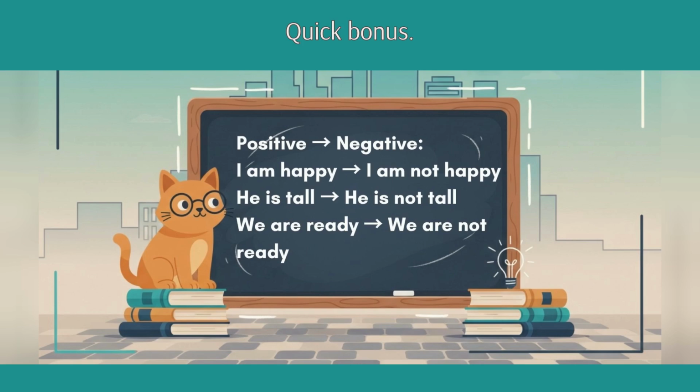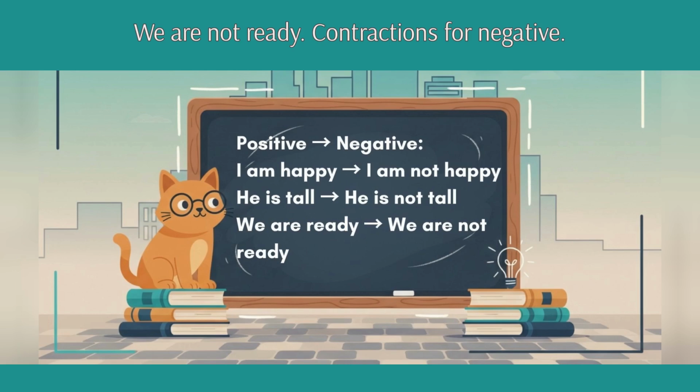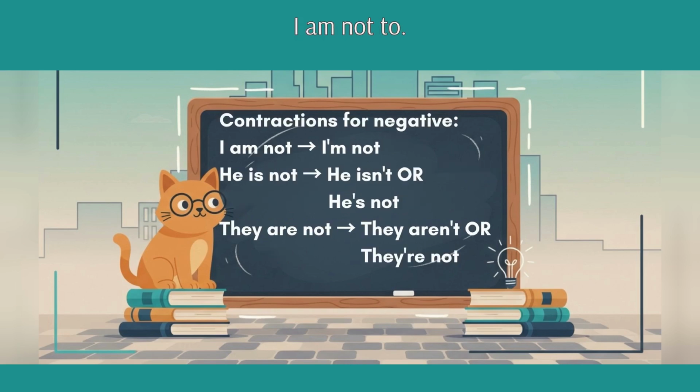Excellent. Quick bonus. How to say not. Just add not after the verb. Positive, negative. I am happy. I am not happy. He is tall. He is not tall. We are ready. We are not ready. Contractions for negative. I am not.